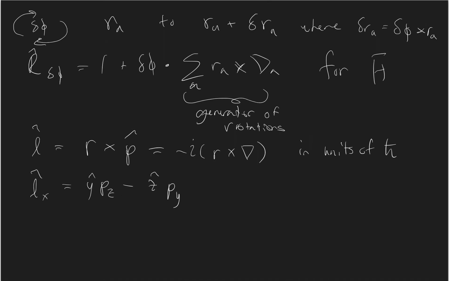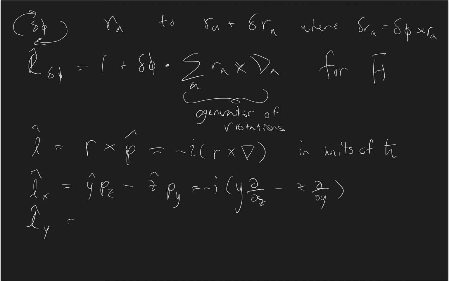Okay, that's kind of an aside, but that's typically how I thought of the cross product. But we'll have that this should be the negative i of y with the partial in z minus z with the partial in y, okay? Sorry, I'm really messing this up.